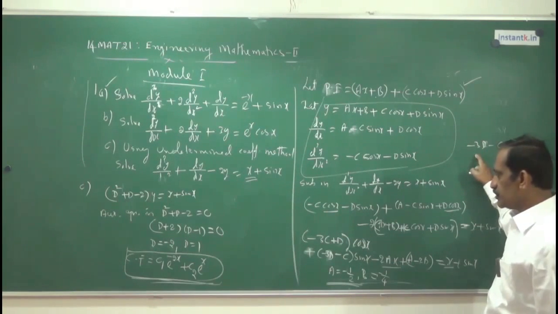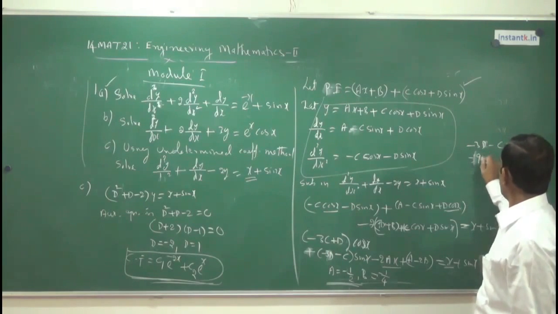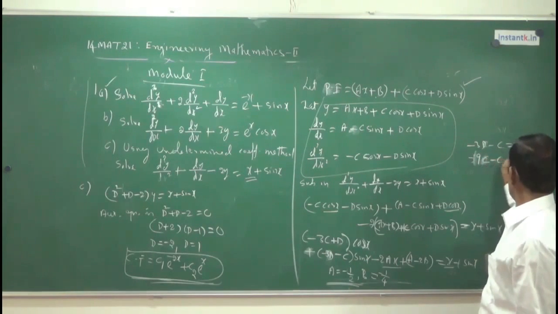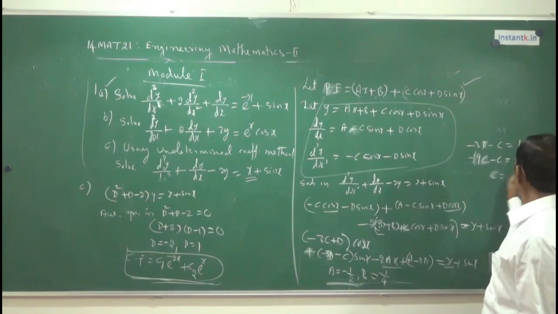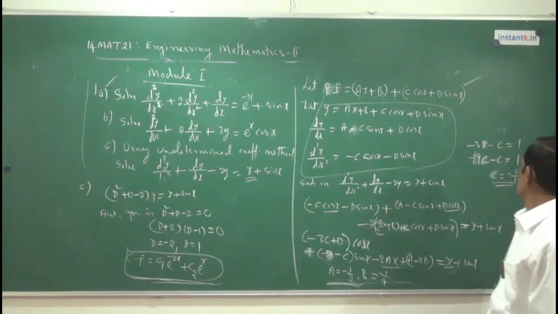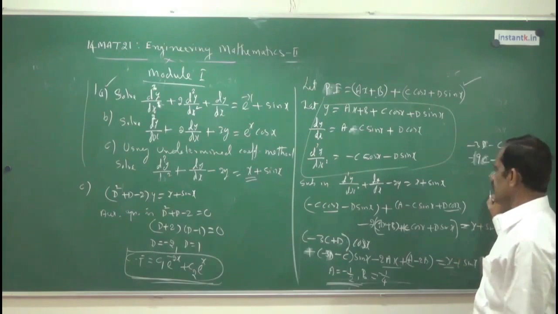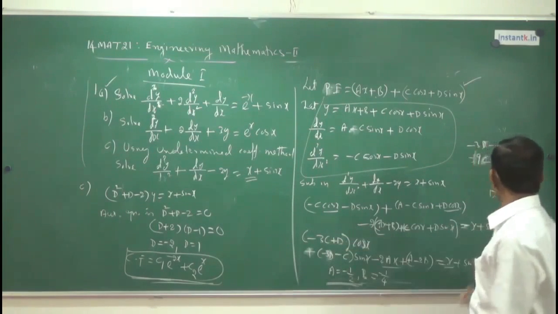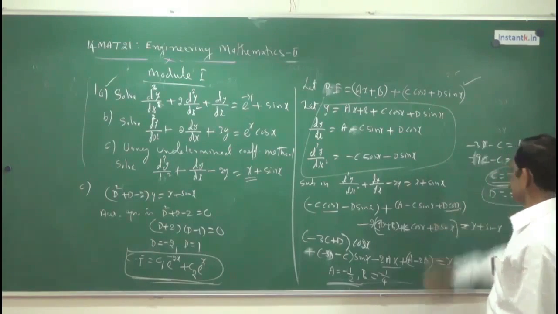So minus 9c minus c is equal to 1, minus 10c is equal to 1, so c is equal to minus 1 by 10. What is d then? d is equal to 3c, that is minus 3 by 10. All the constants you got.